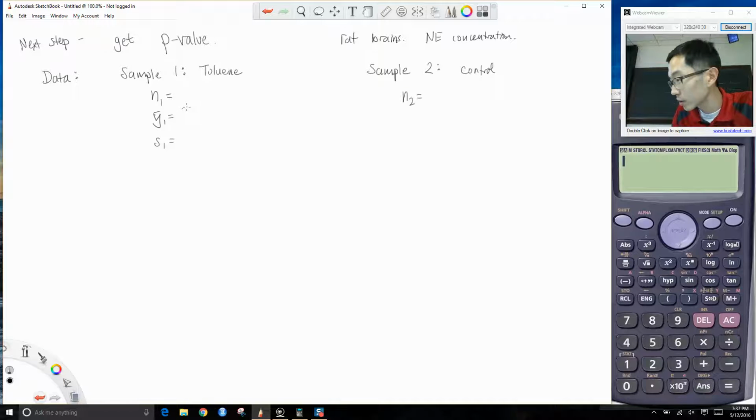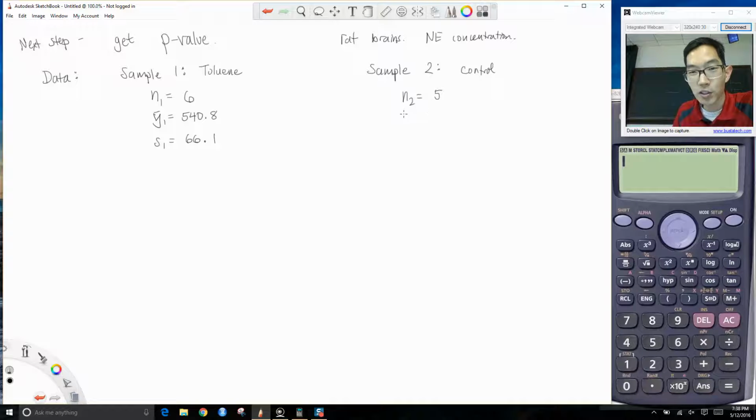There were 6 rats. On average, the norepinephrine concentration in the toluene group was 540.8, and there was a standard deviation of 66.1. And in the control group, we looked at 5 rats.